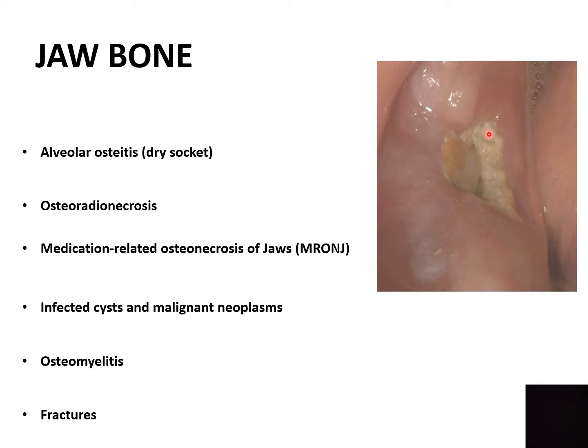The management involves irrigation of the socket with saline and dressing it with an analgesic preparation such as alveogel. The important thing is that you recall the patient regularly to replace the alveogel dressing, because it doesn't stay for very long. So make sure you recall them every 48 to 72 hours and replace the dressing until healing has been complete.